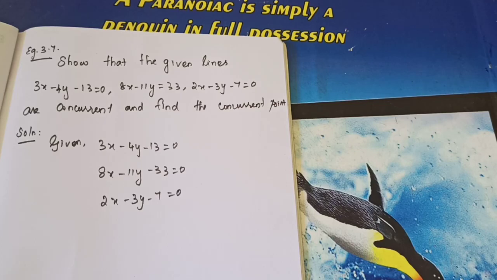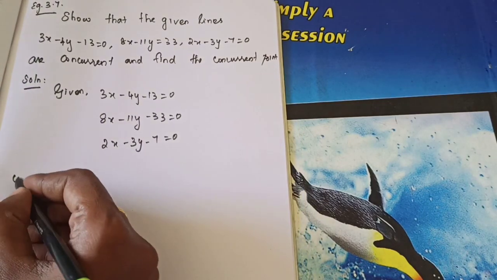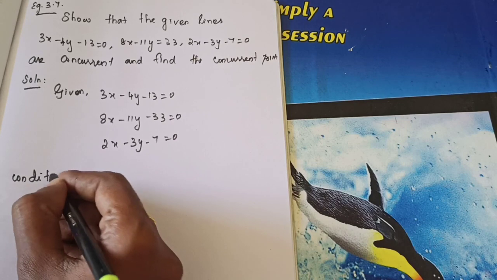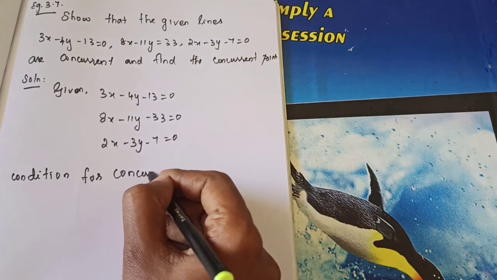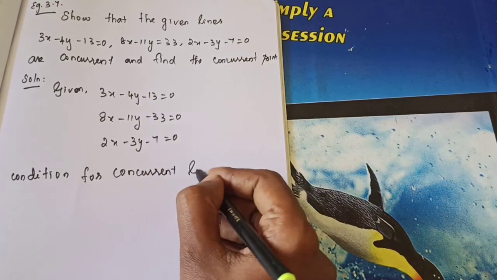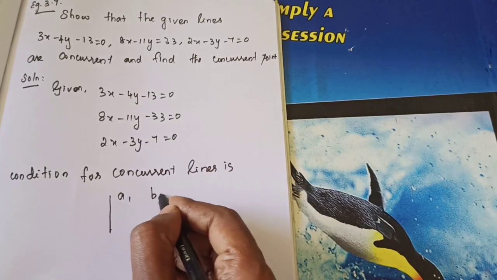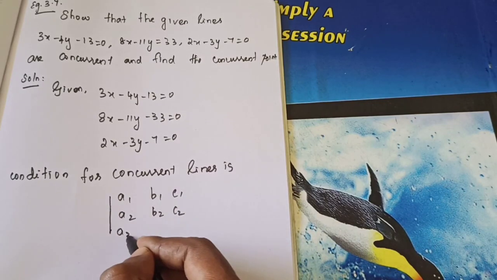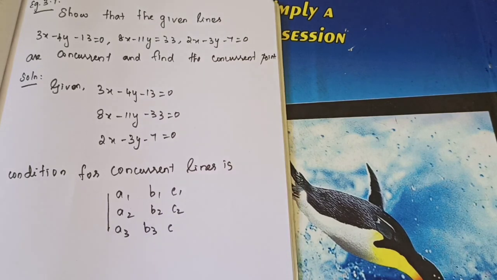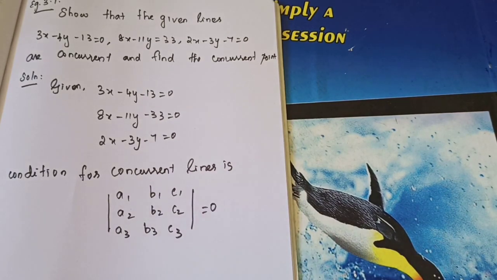Afterwards, we need to find the concurrent point also. Understand? So the condition for concurrent lines is, what's the formula? The determinant of A1, B1, C1, A2, B2, C2, A3, B3, C3 equal to 0.